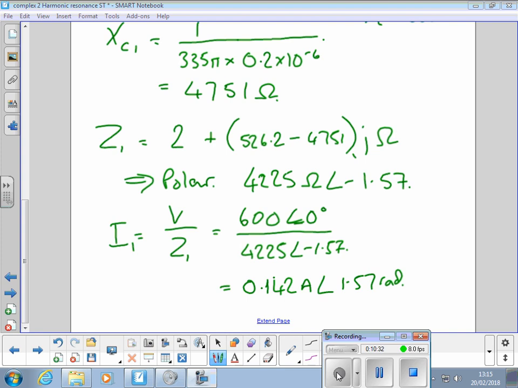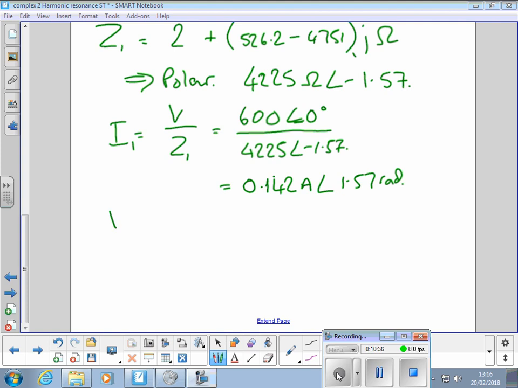Okay. Now, how do I find VL1? I times XL, which is this 0.142, angle 1.57.